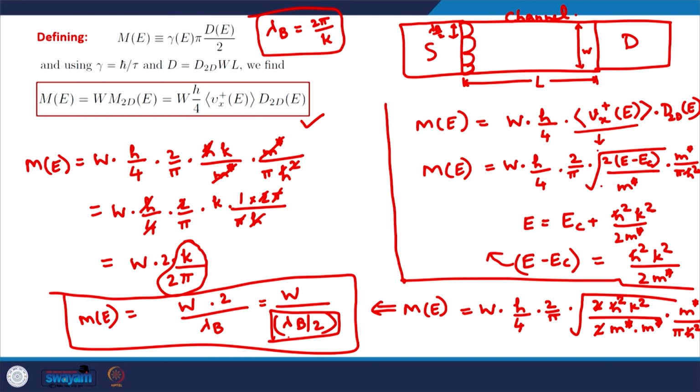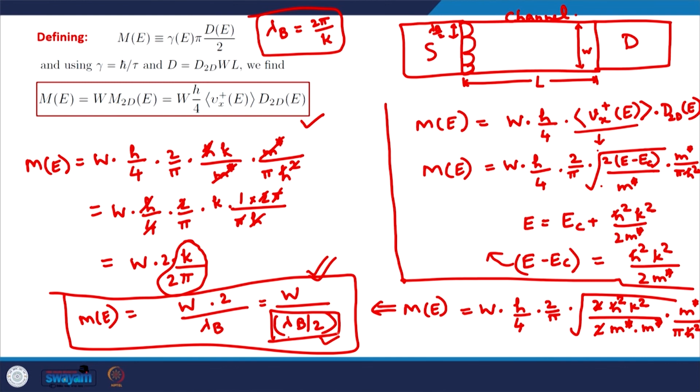And this is an interesting and important intuitive result actually. So, please keep this in mind, because this makes the idea of modes more physically clear to us, why this idea is important and how this idea is different from the density of states.